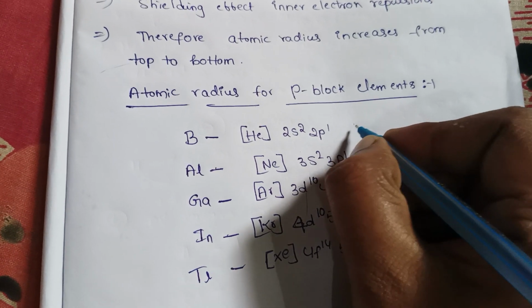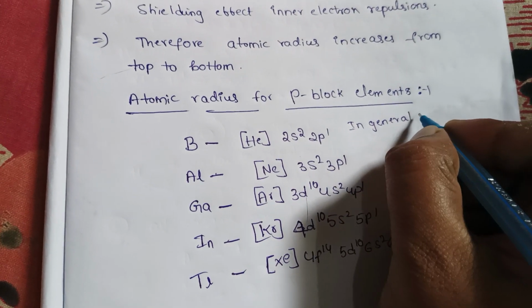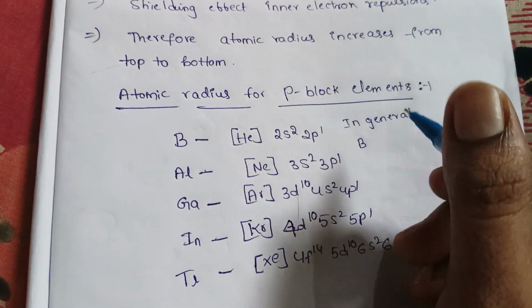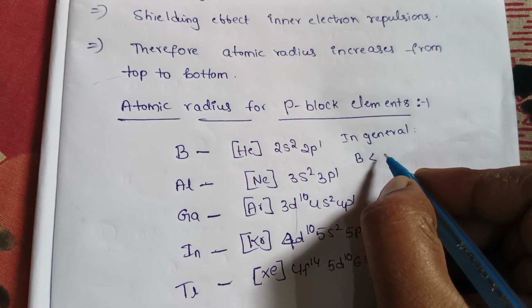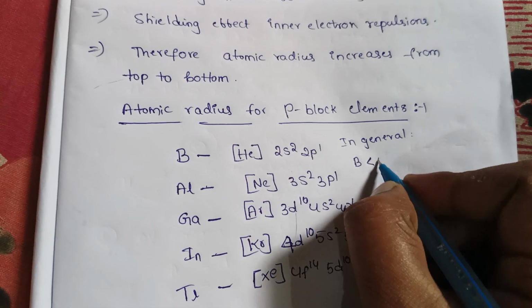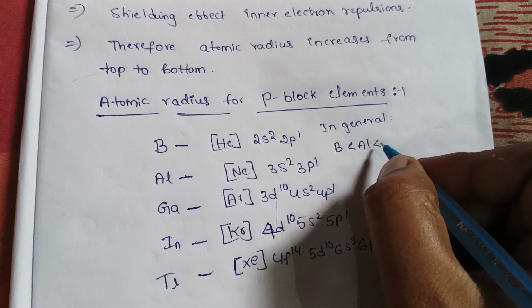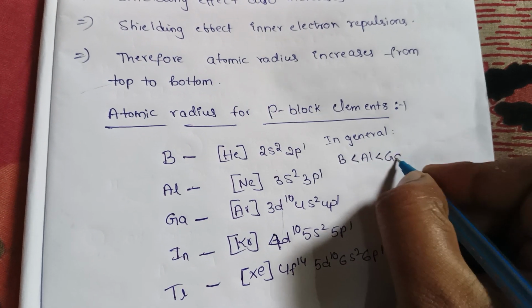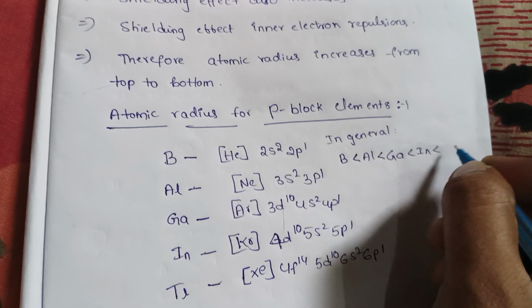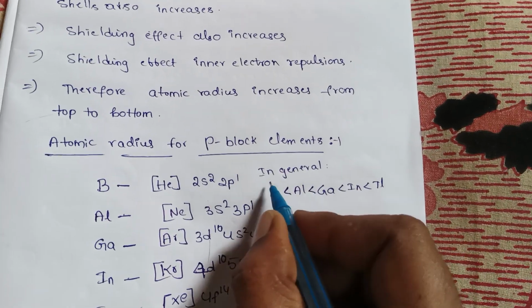Like boron is less than aluminum, less than gallium, indium, thallium.